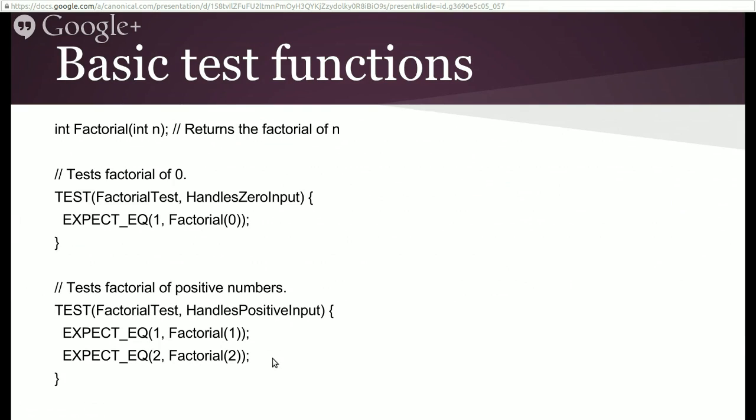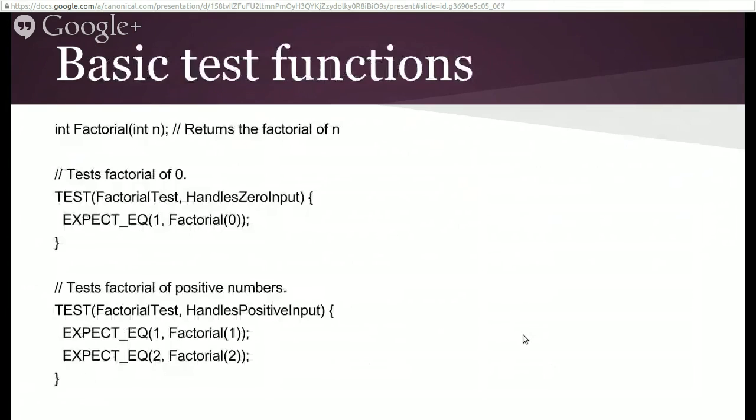We have the default value being 0, and we have to ensure that factorial of 0 is correct, and also a positive input, for example, 1 and 2. As you can see, we have two TEST macros. We have the different test case and then the test names.